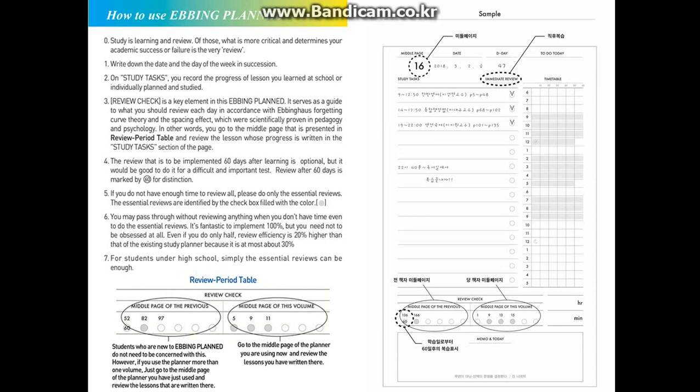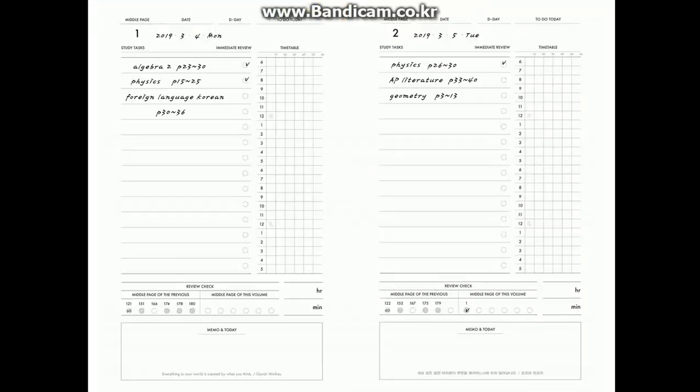Okay, then let's get into the simple demonstration. Let's suppose that you have started to use the EBBING Plan for the first time on 1st March. First, you write down the date, and you also write down the progress of the lesson you learn at school. If you have something to run individually, you can plan the progress and do running.